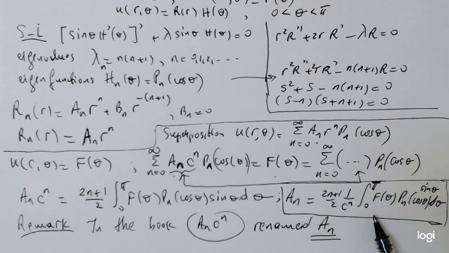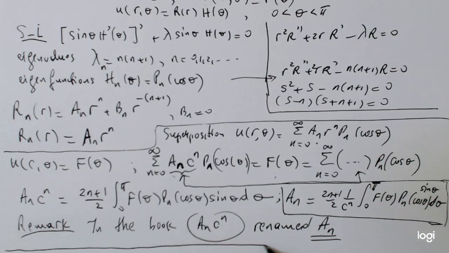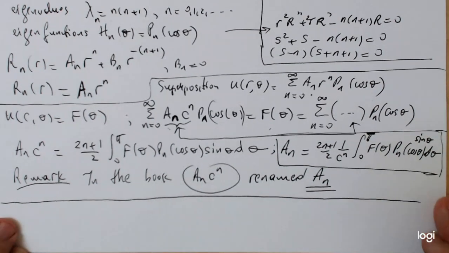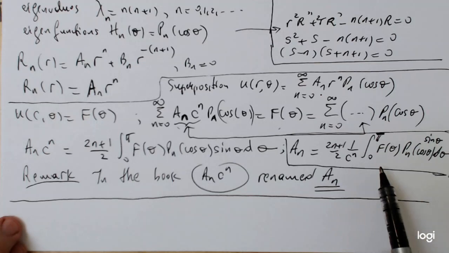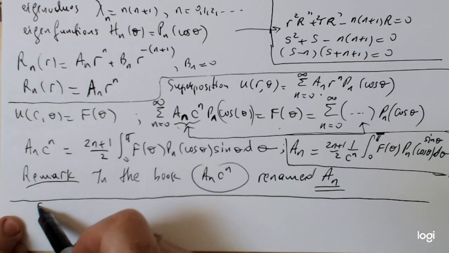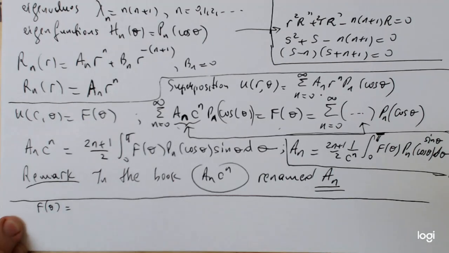So let's see what happens if you actually have an actual function. We're going to do probably a second part on this, and then we're going to comment on some of these results. But let me do one more line on this part, and then we're going to continue with the second part. So let's say, just like before, that f of theta happens to be a constant.